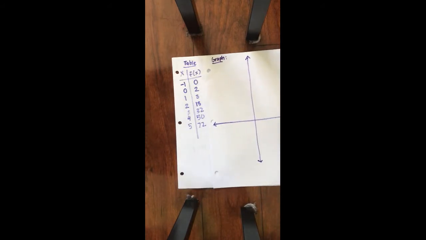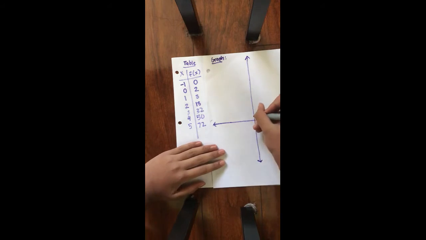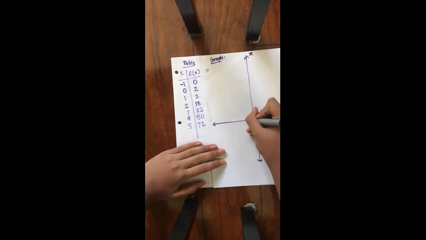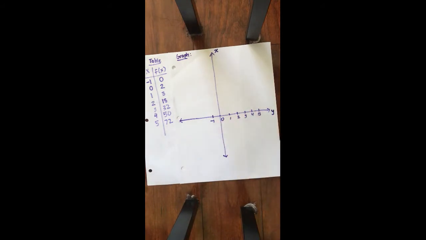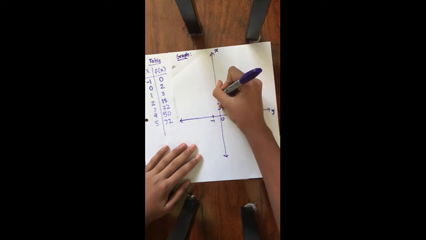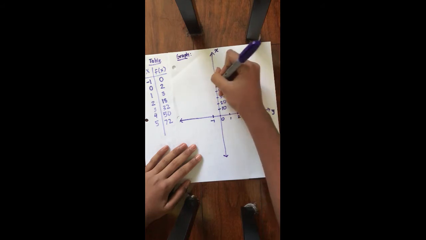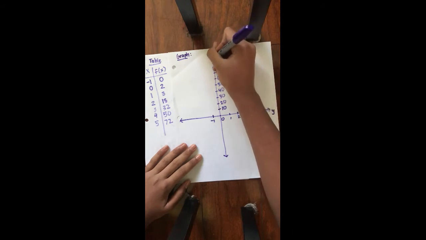Since this goes till 72, we can use maybe intervals of 10 for the y-axis, and -1, 0, 1, 2, 3, 4, and 5 for the x-axis. Okay, I think that's all we need.